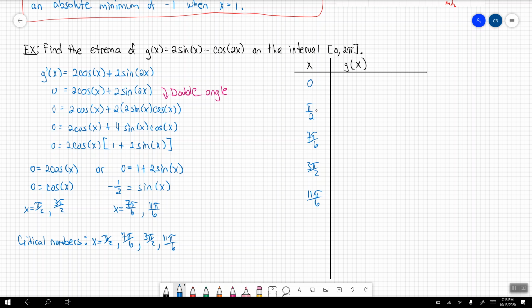These are the 4 critical numbers, and then we're going to have the last endpoint, which is 2 pi. So again, we're evaluating the endpoints and the 4 critical numbers that we found.